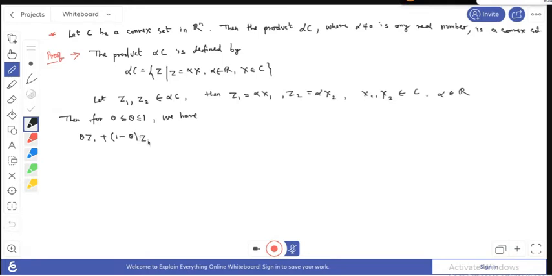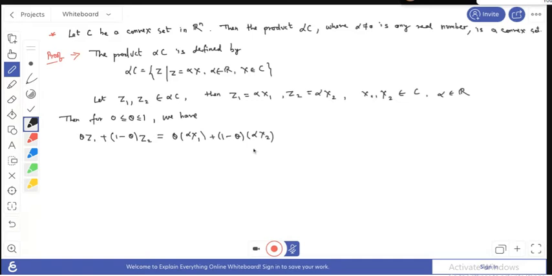What is the value of this, and which set does it belong to? This equals alpha times x1 times theta, plus 1 minus theta times alpha x2, since z1 is alpha of x1 and z2 is alpha of x2.